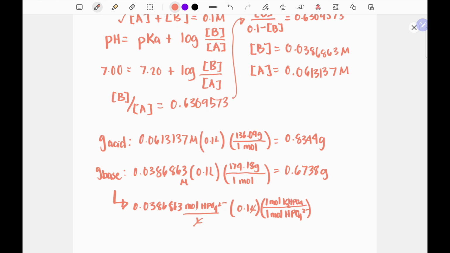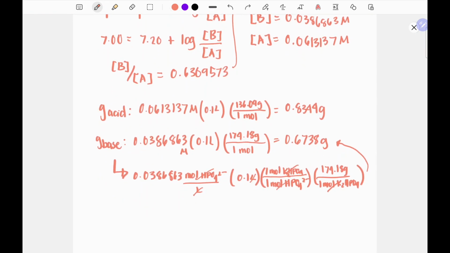So we're left with moles of K2HPO4, and I provided the molar mass, which is 174.18 grams per 1 mole of K2HPO4. So hopefully that is clear if you didn't get it that time around.